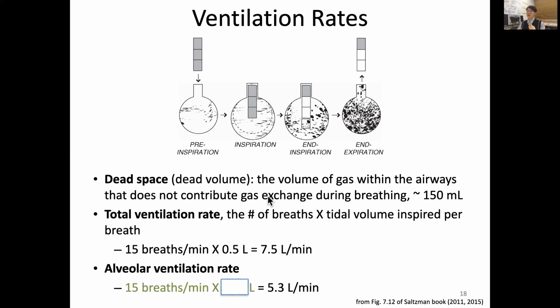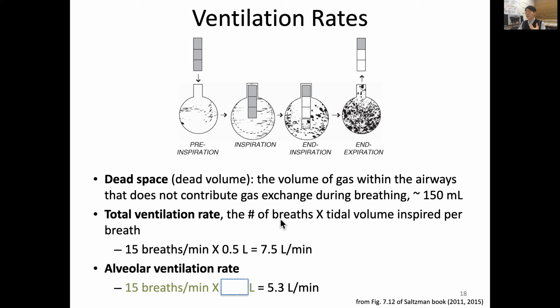So when we talk about ventilation rate, we can think of two kinds of ventilation. Just considering the amount of air getting into our lungs or not, that's called total ventilation rate. But our interest is more on the ventilation which actually is involved in gas exchange, so we call that alveolar ventilation rate. How can you calculate total ventilation rate?